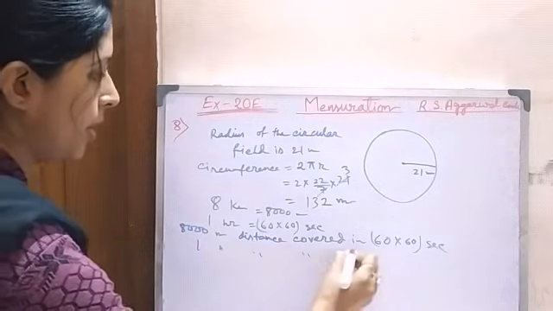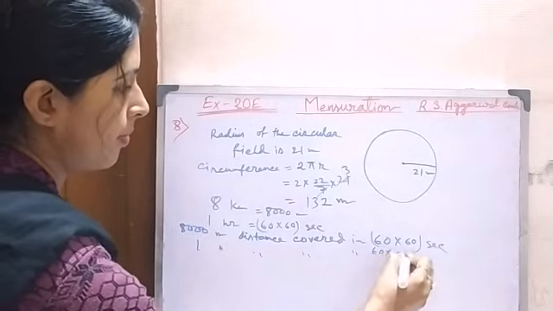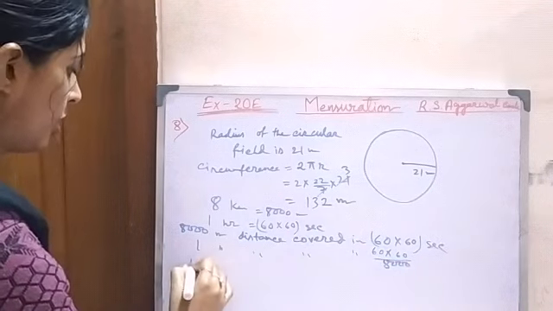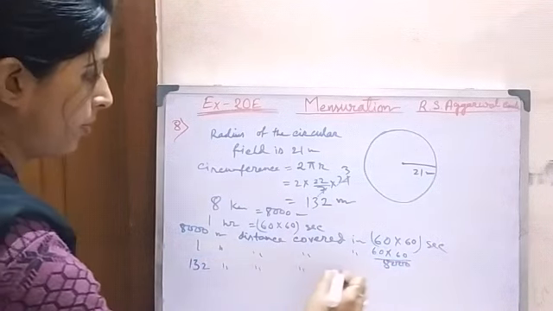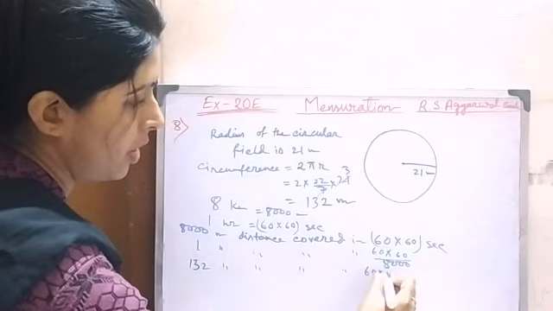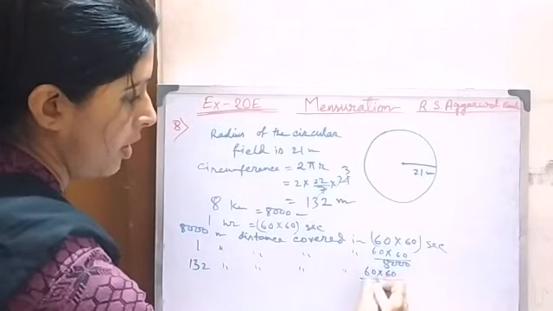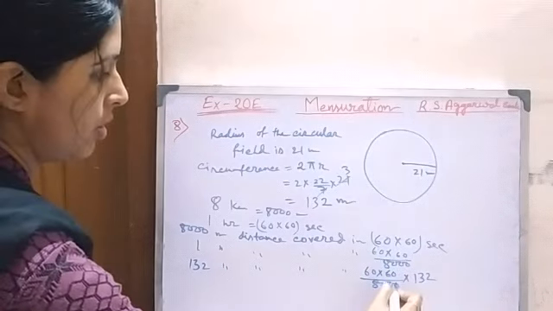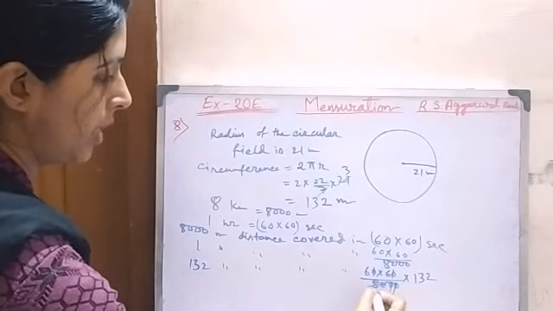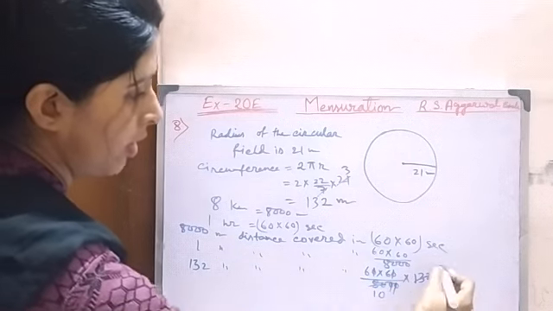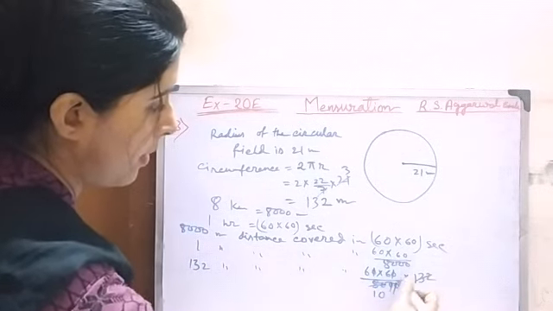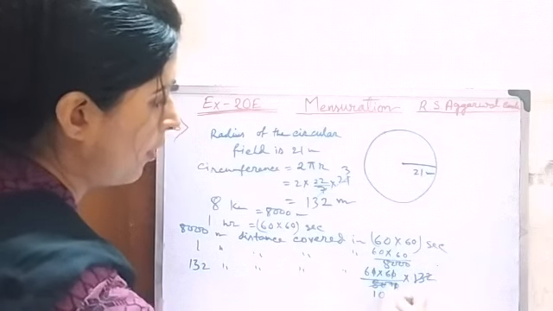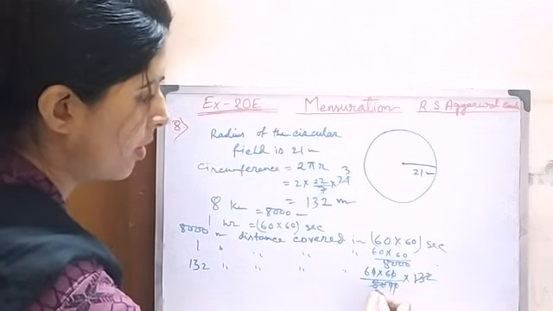Then 1 meter distance, by unitary method we will find out the time, 60 into 60 divided by 8000. Then 132 meter distance is covered in 60 into 60 divided by 8000 into 132. Then these zeros can be cut, then by 8. By 4 we will cut it at first.